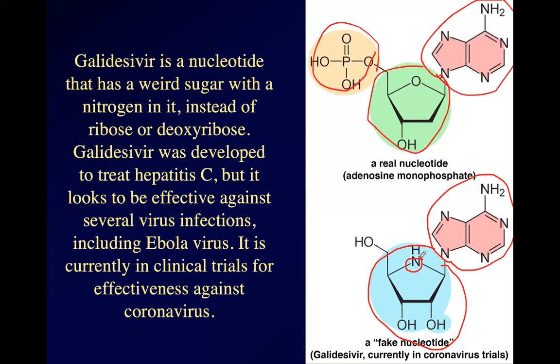Remdesivir actually works the same way. It's also a fake nucleotide that a virus-infected cell will try to use to replicate virus DNA or RNA. And what happens is that the works get jammed and the viruses don't replicate.